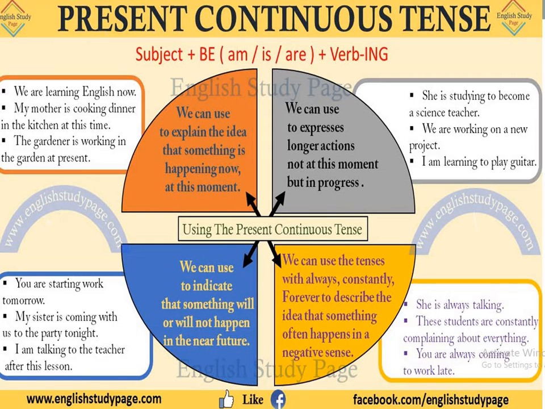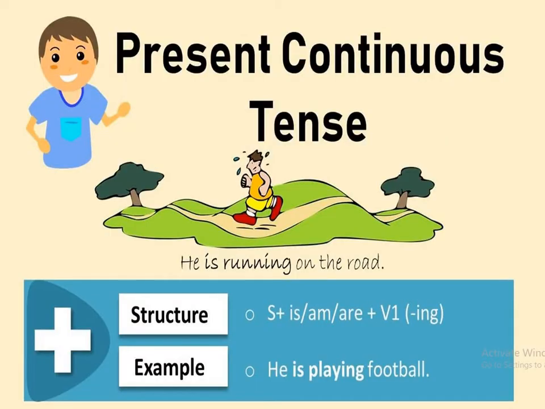Children, kindly remember the syntax on which we are framing the sentence, because through that only you will be able to identify whether it is a present continuous tense, past continuous tense, or a future continuous tense sentence. In the present continuous tense, the structure is subject plus the form of be, that is, am, is, are, plus the first form of the verb with ing.